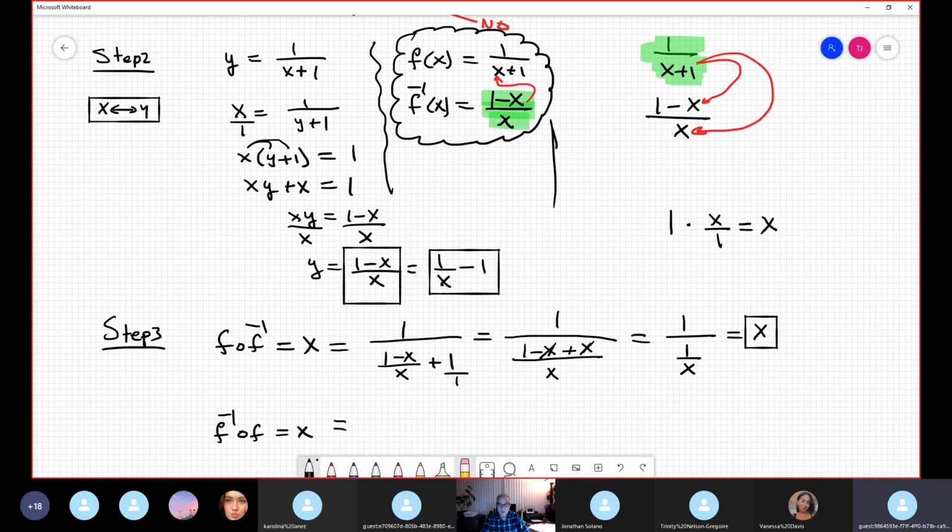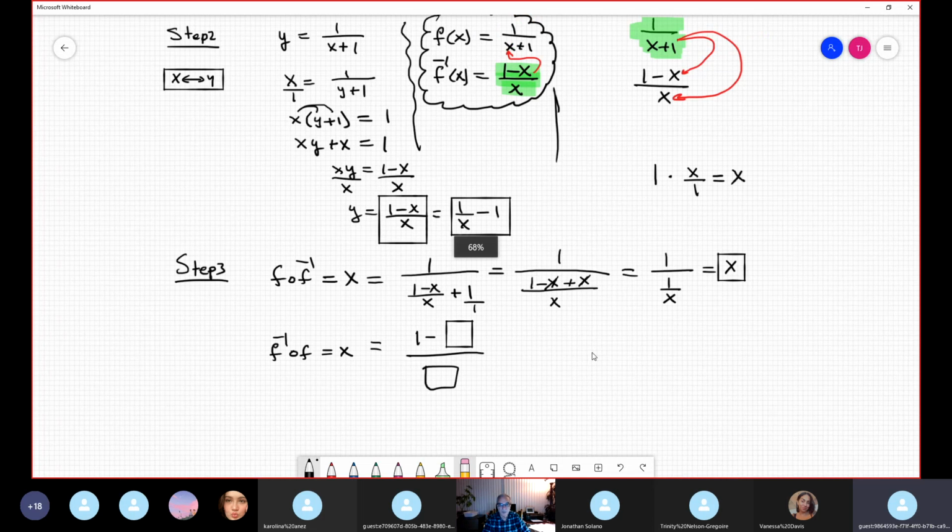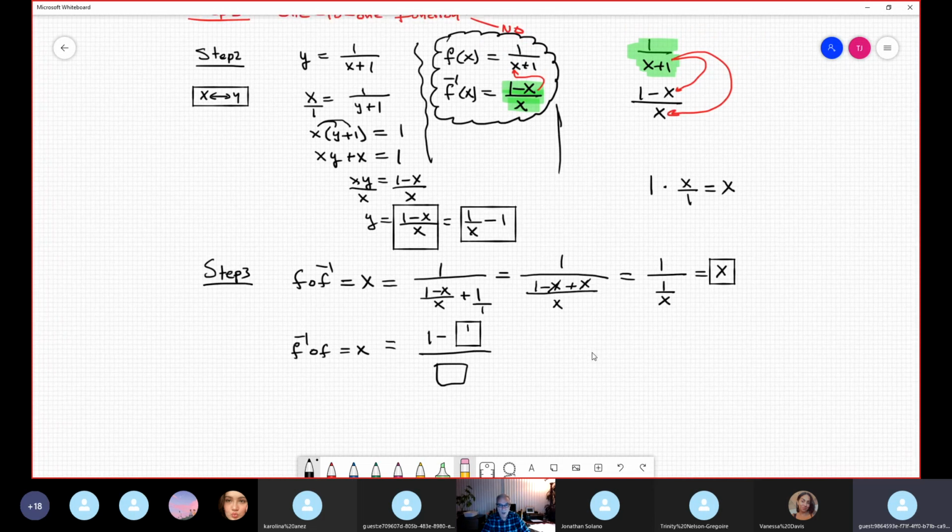Okay, it is 1 minus box divided by another box, and inside the box we have 1 over x plus 1 and 1 over x plus 1.